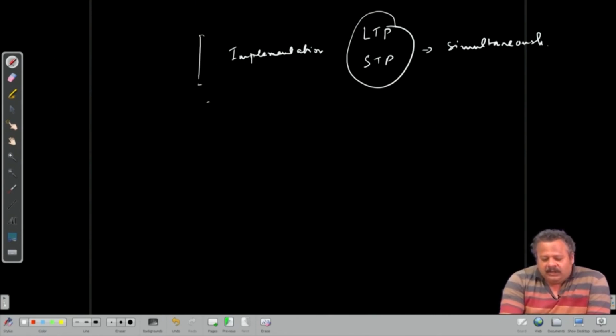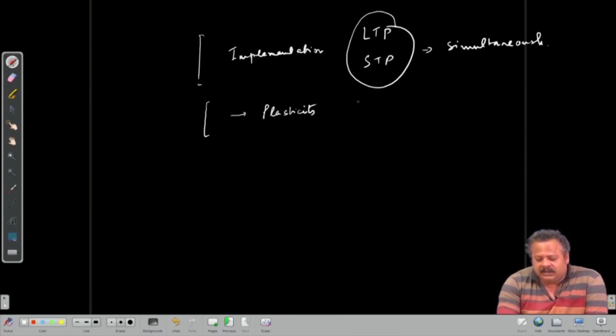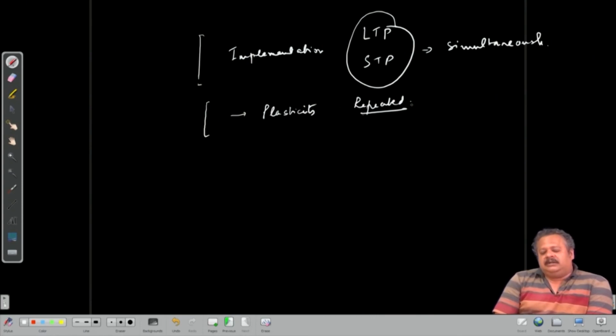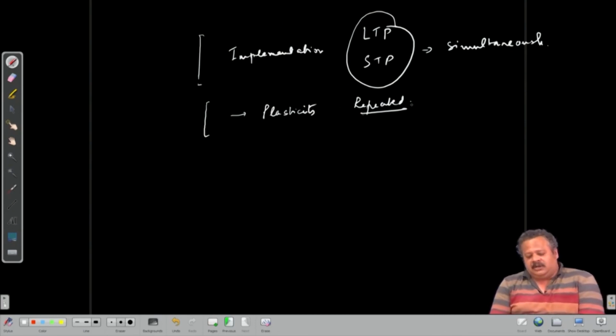Secondly, we have an example which appears counterintuitive in the sense that we always talk of learning and plasticity as something that is repeated multiple times in association with something else. That association is the longer lasting one, that is the one that gets potentiated.